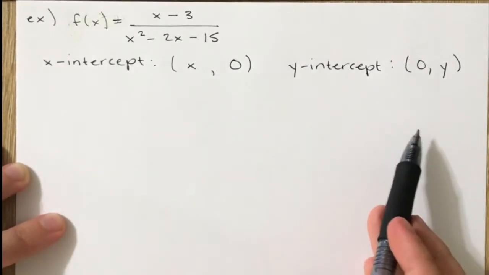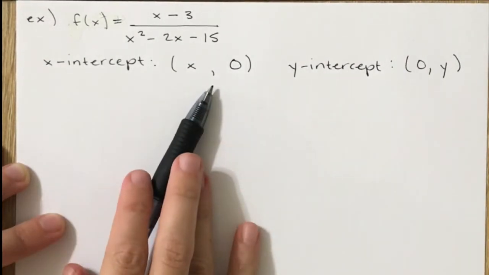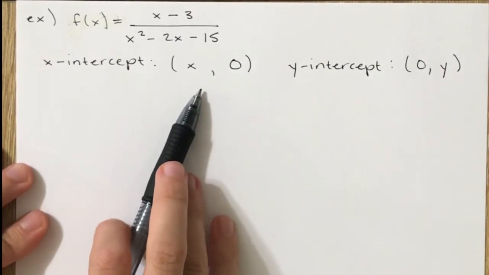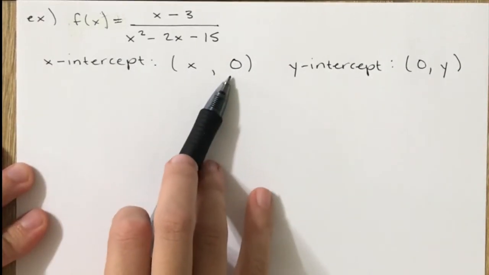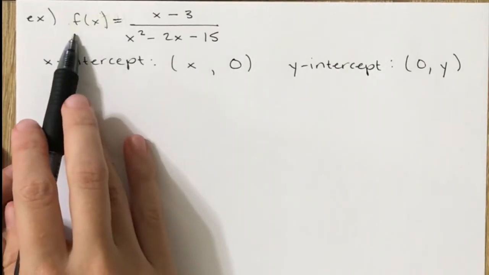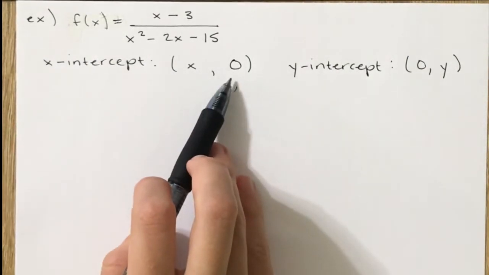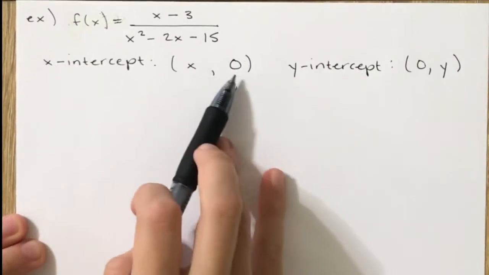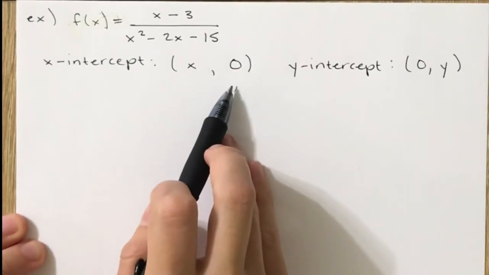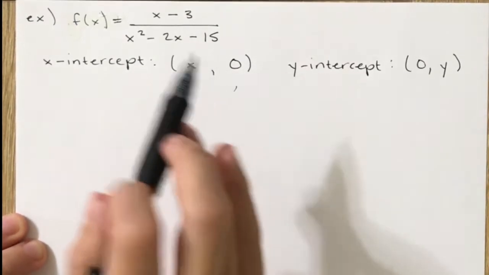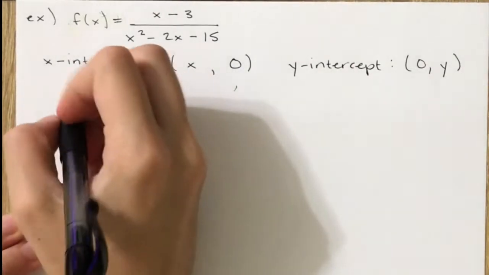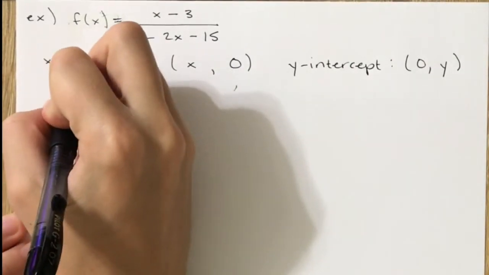Okay, so for each of these, let's think about how we can find these mathematically. If we know that y is 0, and we're looking for x, then can't we replace the output? Y typically represents our output. F of x is the output of our function, so we can replace f of x with 0.